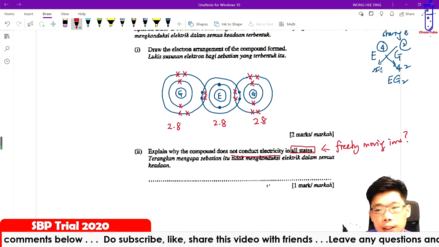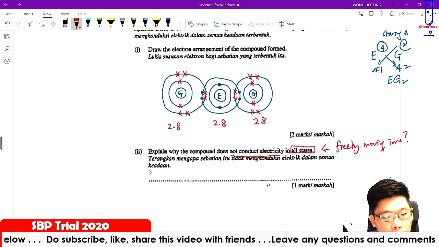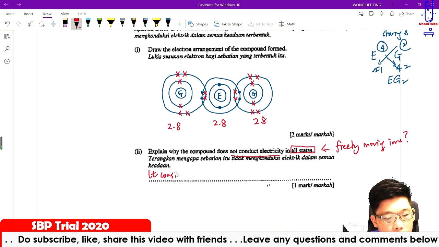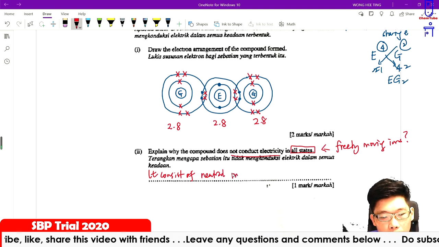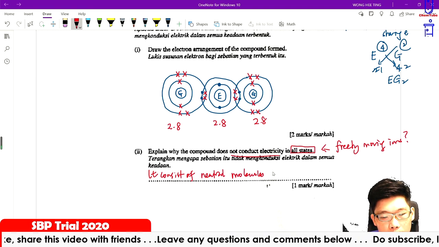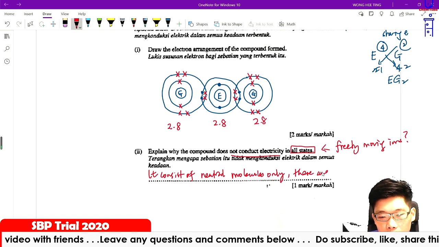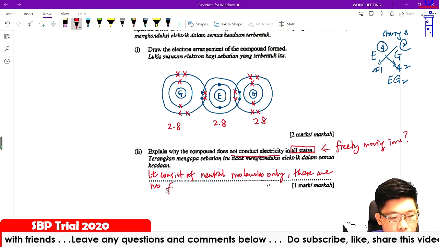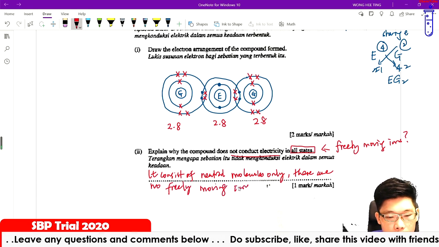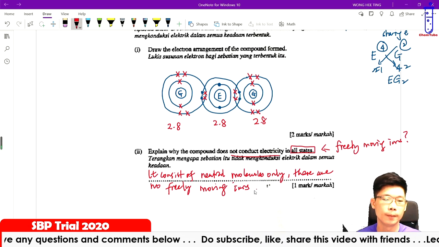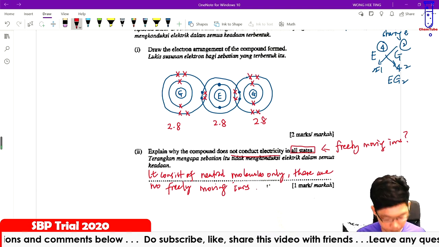This is a covalent compound, so it consists of neutral molecules only. There are no freely moving ions, so that's why it cannot conduct electricity.